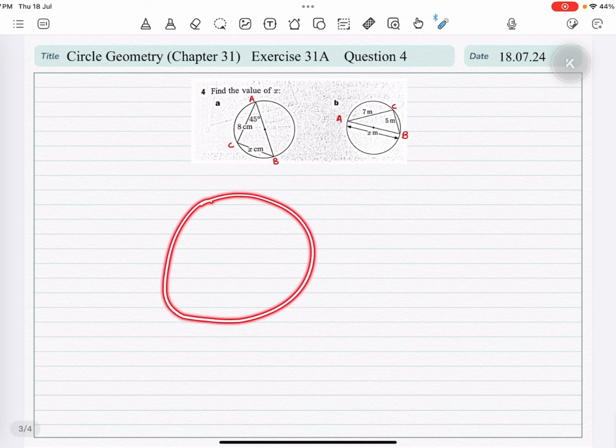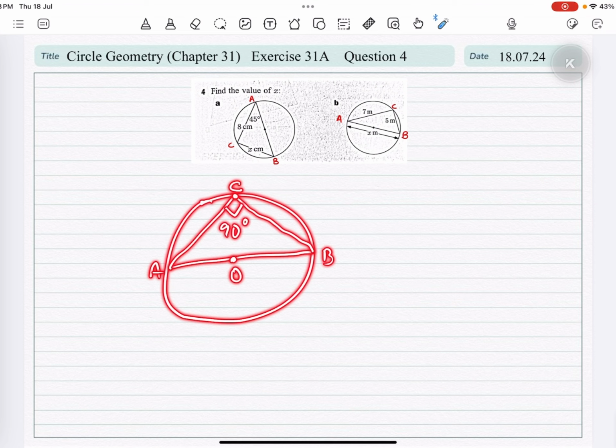The angle in a semicircle theorem states that if there is a circle and a line AB that is the diameter of the circle, passing through the center O, then for any point on the circle, assume it's C, AB would subtend an angle of 90 degrees, that is a right angle, at that point.